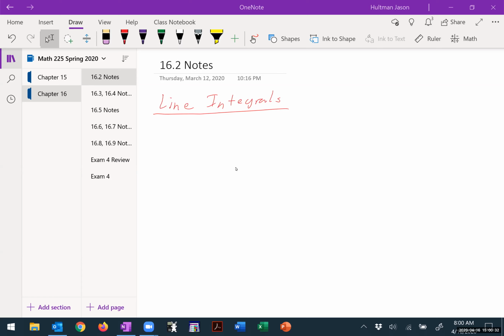16.1 was basically for you guys to read on your own. The basic premise of that whole chapter is just to inform you of what a vector field is. It's really not too tough. It's just giving you what the vector would be at any given xy value.